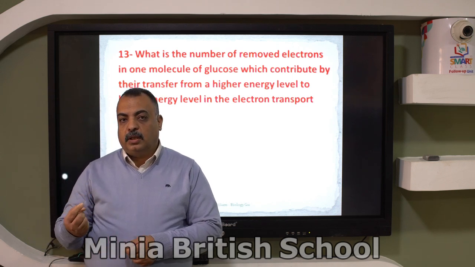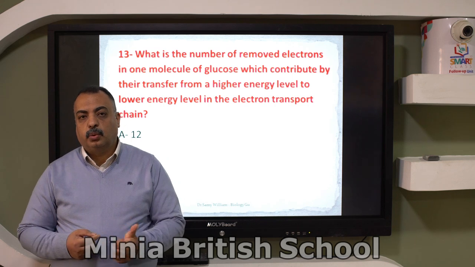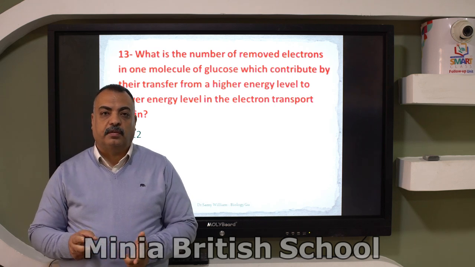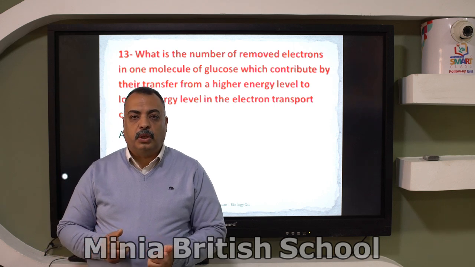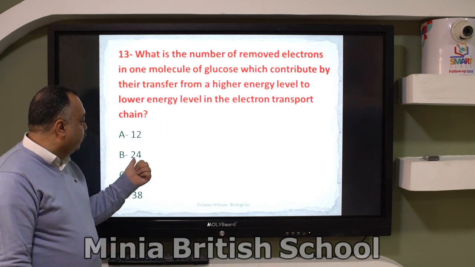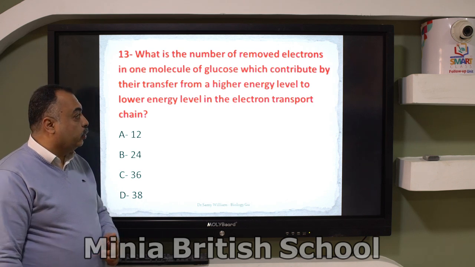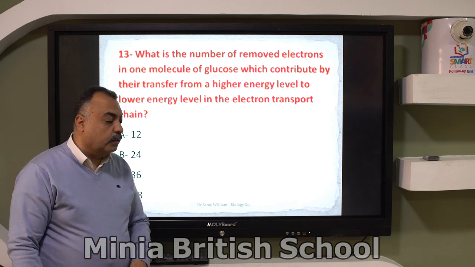So we have 12 molecules of NADH and FADH2. So 12 times 2 equals 24 electrons. Very good.